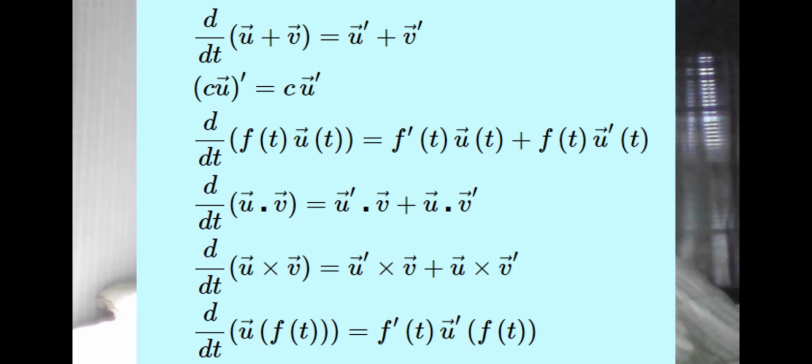And finally we have, by the chain rule, the derivative of a vector function with a function as an input rather than a scalar is the derivative of the vector function with the function as the input times the derivative of the function.